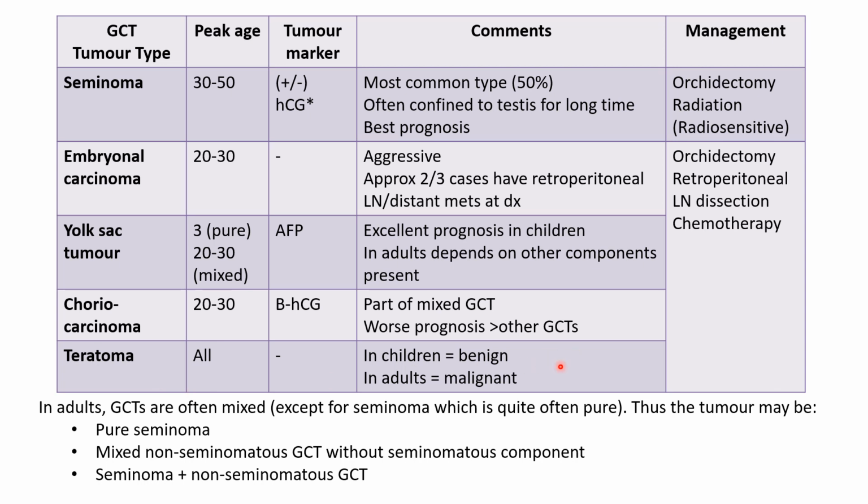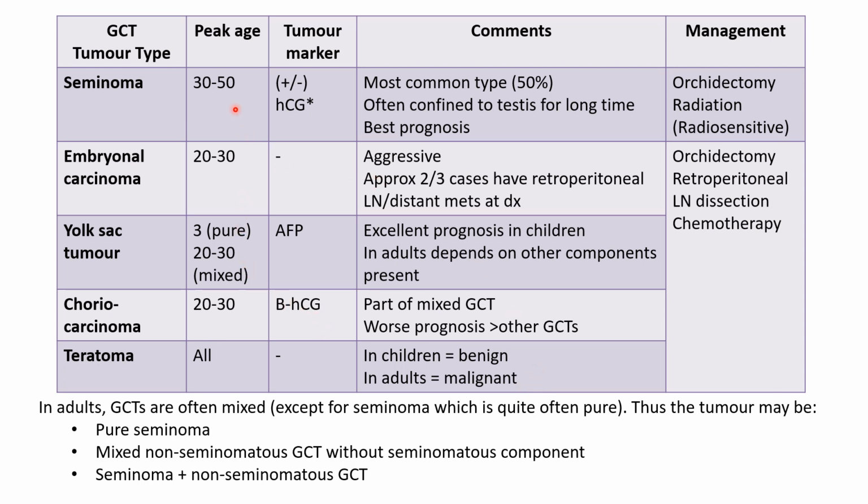The other one is teratoma. In teratoma, it's also the same. The prognosis, or the behavior, differs depending on whether it occurs in children or in adults. Teratoma in children is essentially a benign tumor. They behave in a benign manner and they have excellent prognosis. But teratoma in adults is essentially a malignant tumor.